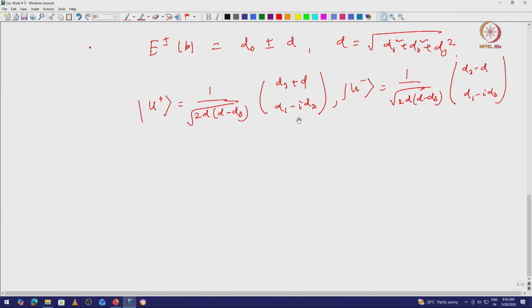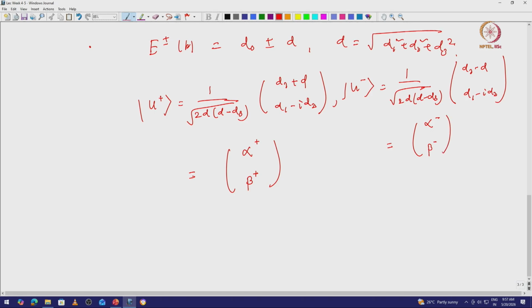So, what these terms are? Okay. So, what these terms are nothing but, let me call it alpha plus and beta plus, and let me call it alpha minus, beta minus.